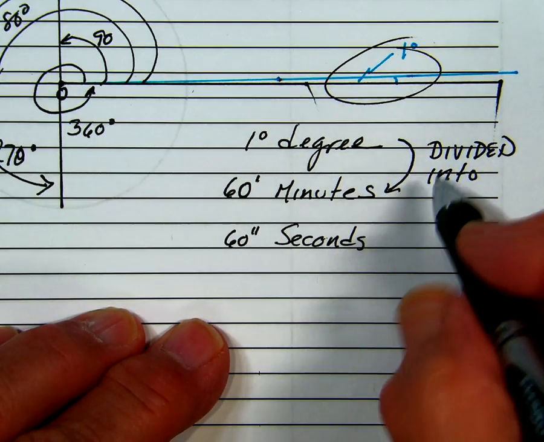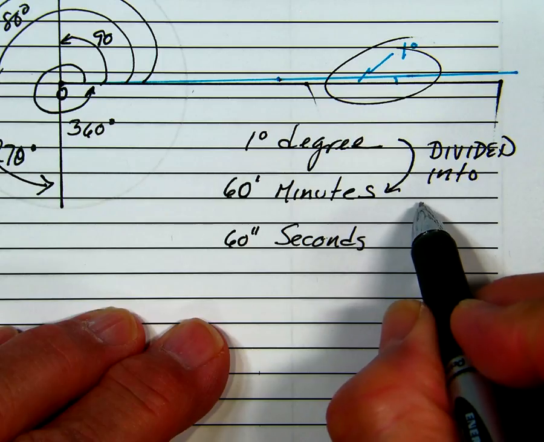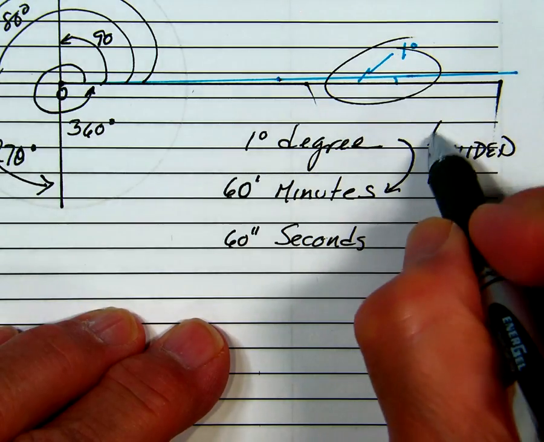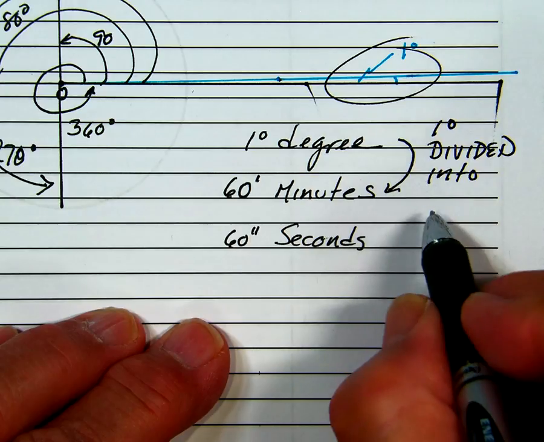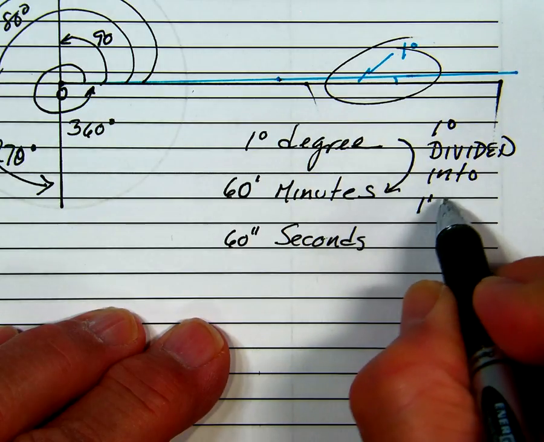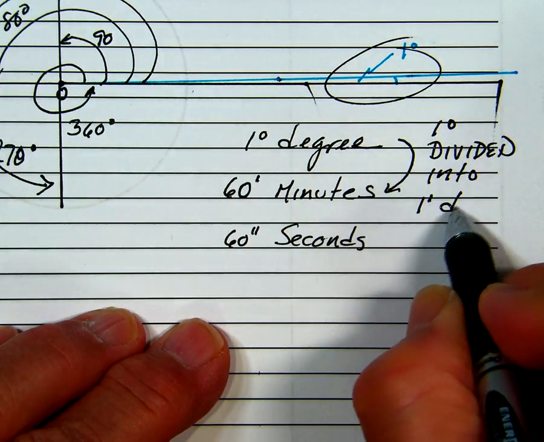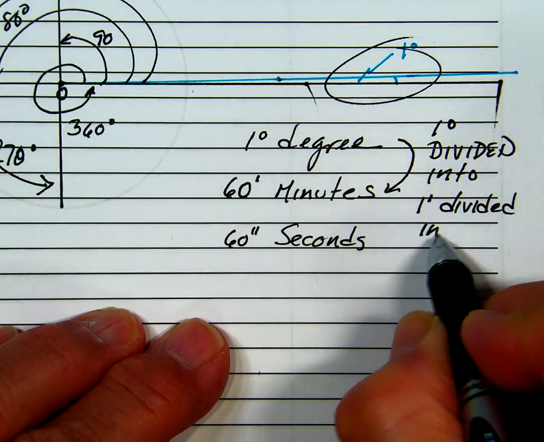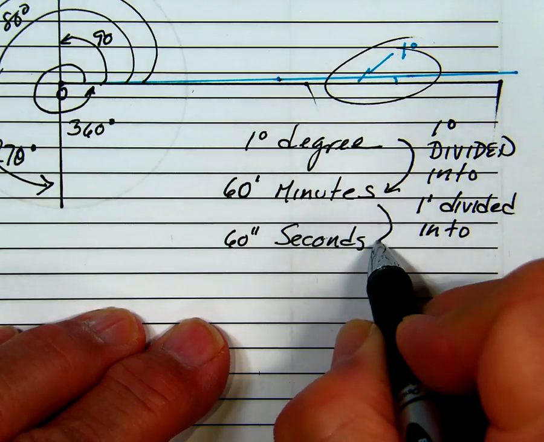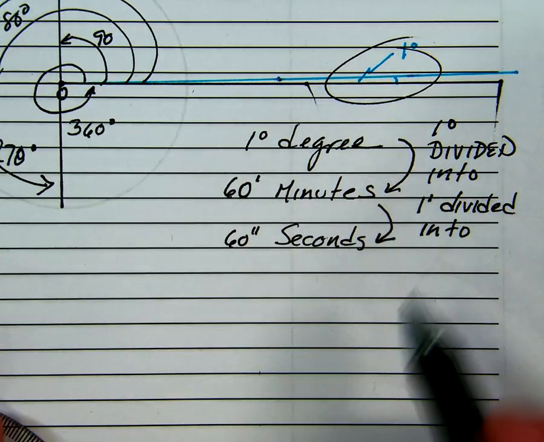Then I take 1 minute, this is 1 degree divided into 60 minutes. Next I take 1 minute and divide it into 60 seconds.